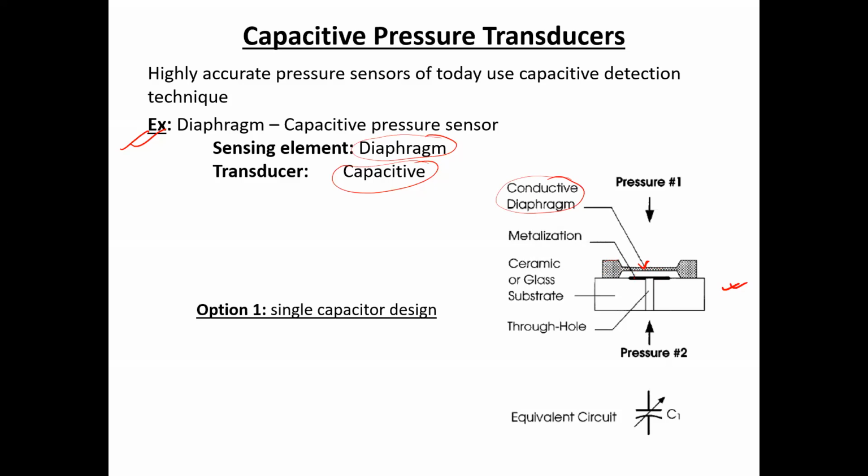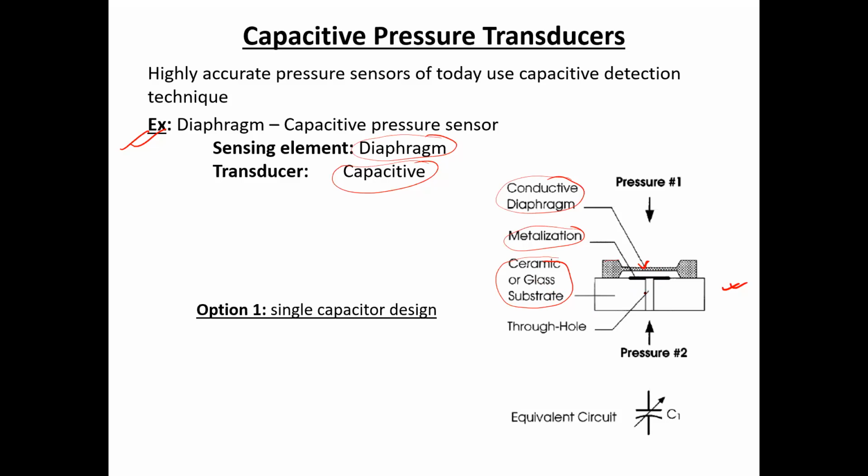And as the other plate of the parallel plate capacitor, a metallization layer is used, indicated by this black surface over here, which is placed on top of a ceramic or glass substrate, which is a non-conductive substrate. So these two are going to work as the two parallel plates of the parallel plate capacitor.